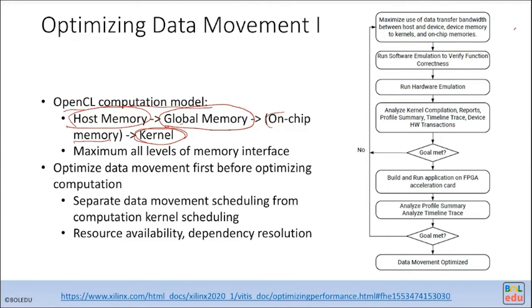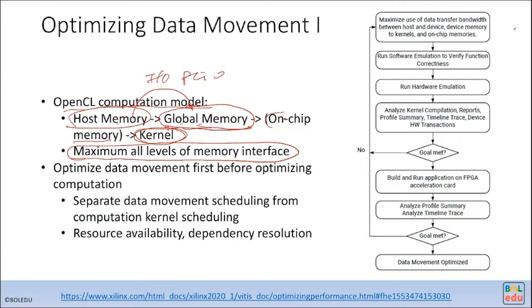So we try to maximize all levels of the memory interface. In between the host memory and the kernel memory, there is an I/O bus, which is PCIe. I should put the PCIe here.